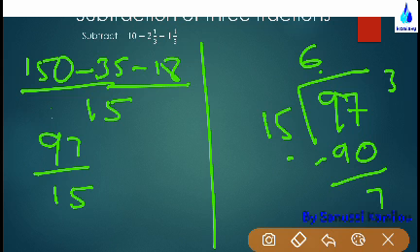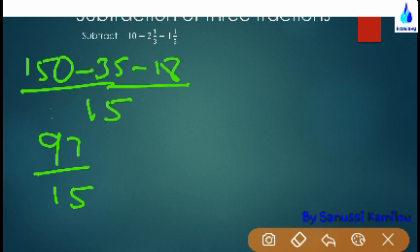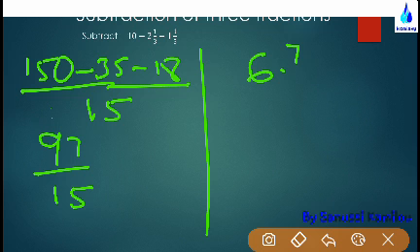So this final answer will be the same as, our whole number is 6, and then we are having 7, that we should also continue with division. If I continue with the division, I will get 15 at the bottom. So 6 whole number 7 out of 15.